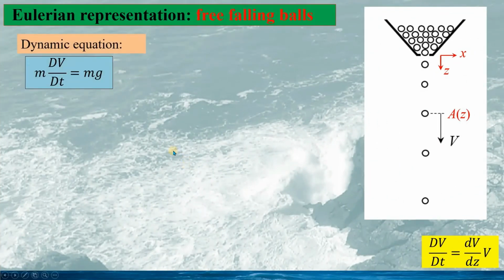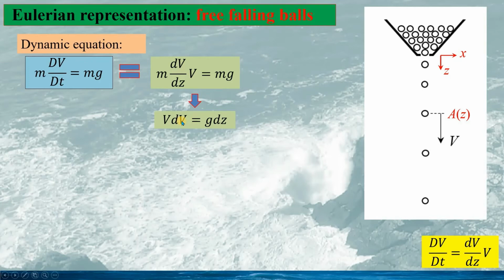So the dynamic equation in the Eulerian representation is given as this: mass times the substantial acceleration equals the force acting on the falling ball, mg. So this is equivalent to this, since the substantial acceleration in this special problem can be represented by this expression.